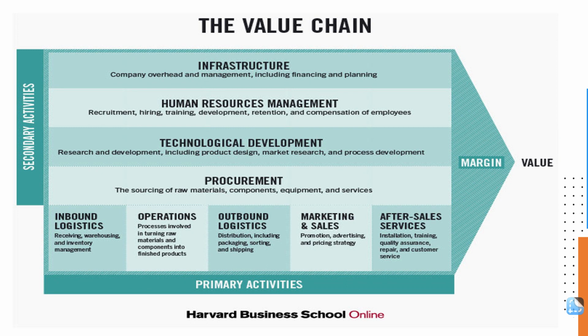And we need human resources also to maintain and operate these things. Technology development is also necessary, then procurement. These four secondary activities directly support the primary activities.